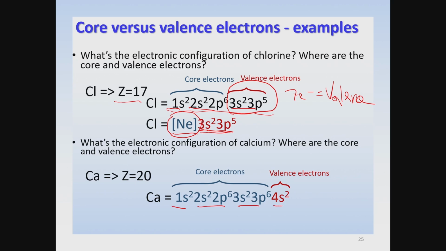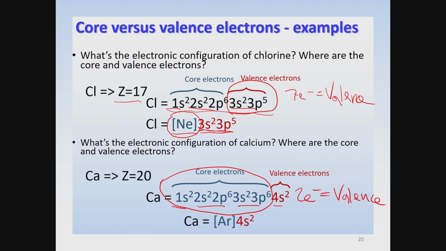You can identify that the fourth energy level is the numerically highest energy level, and there are 2 electrons in it. So in calcium, there are 2 valence electrons, and then the rest of the electrons in calcium that are deeper in the atom, closer to the nucleus in the first, second, and third energy levels, so there's a total of 18 there, those are the core electrons.